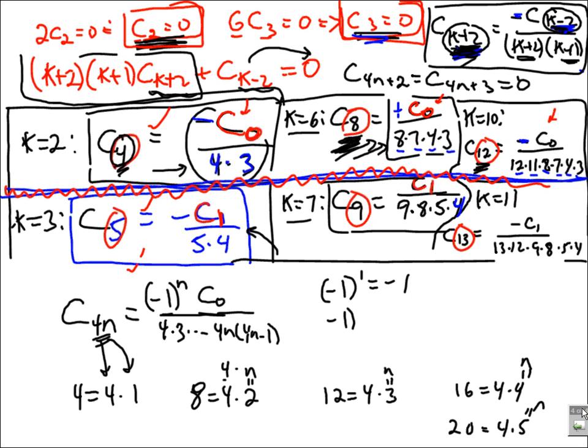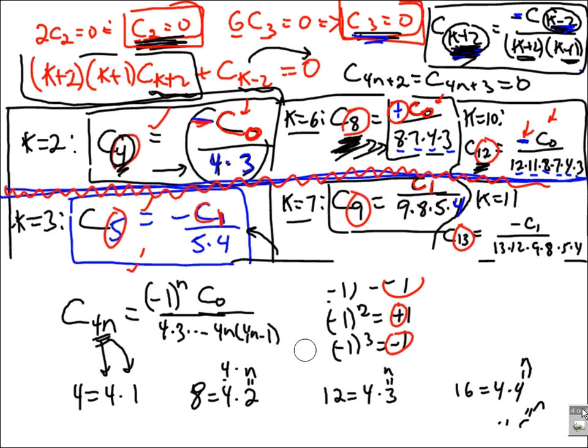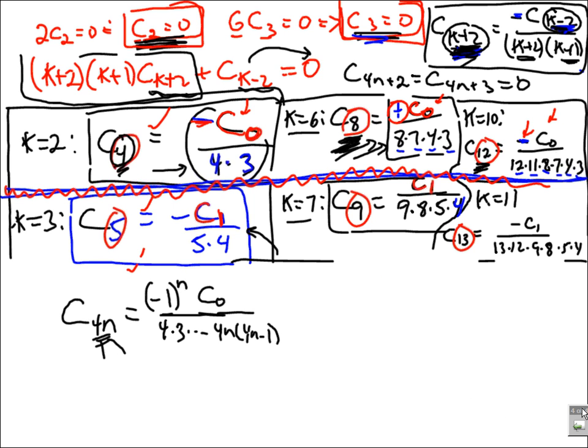And then when n is 2, you're going to have plus 1. And when n is 3, you're going to have negative 1. Just like we want. We want the sign to start off negative and then become positive and then become negative. That is the formula for the C sub n's where n is a multiple of 4.